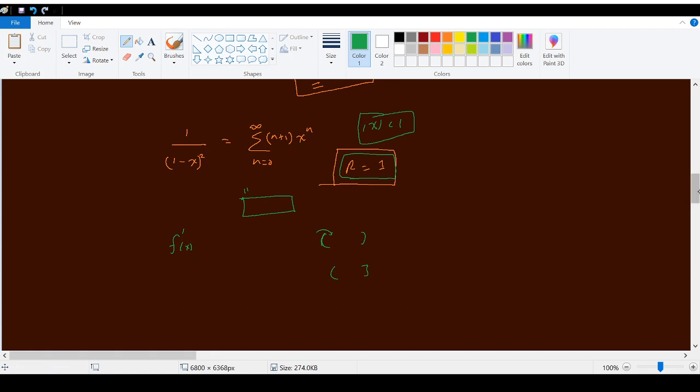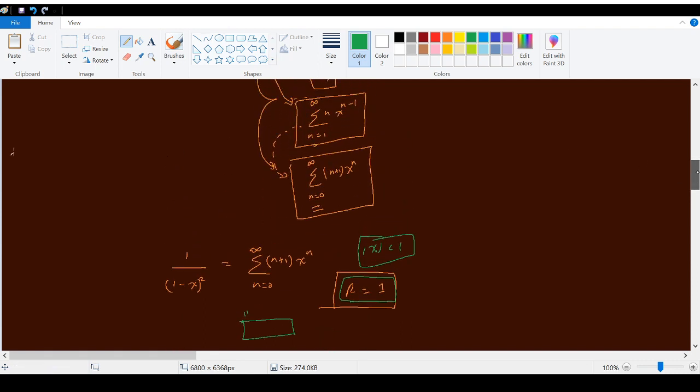Because sometimes, even if in the original problem the power series representation does not include the endpoints, when you are doing integrations and stuff like that, it might include the endpoints, and when you are doing differentiations, it might exclude the endpoints, right?